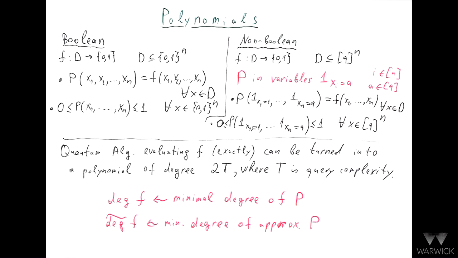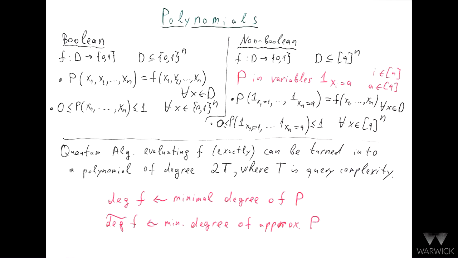At first glance, one thing I can tell is that it's hard to do on a quantum computer. It requires square root of n quantum queries, which is a well-known result. What about the polynomial? One thing to consider is just the sum of all the variables, a degree 1 polynomial.